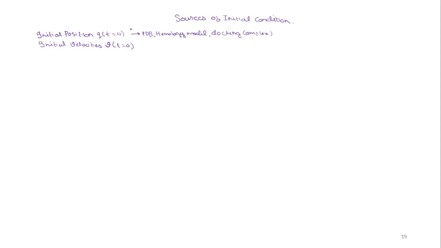Okay, now the velocities of the atoms at the initial condition, that is the initial velocities, are randomly assigned from the Maxwell Boltzmann distribution.